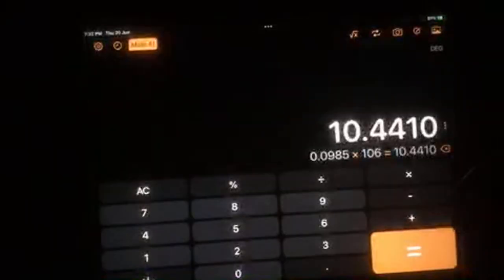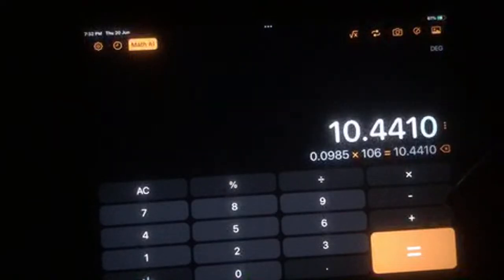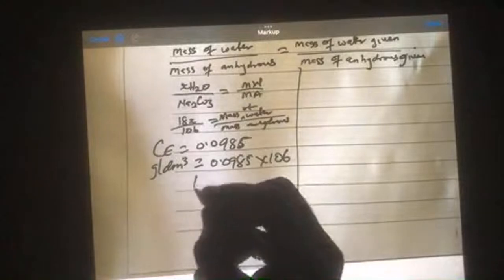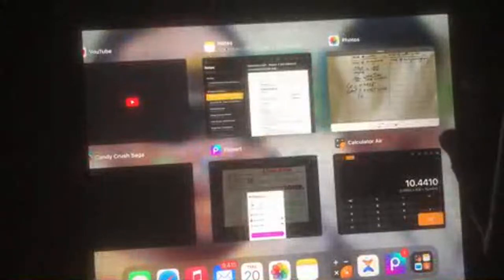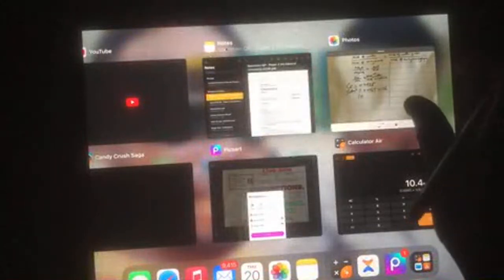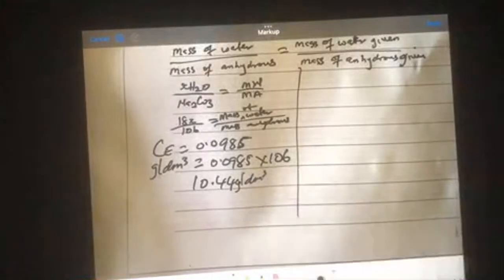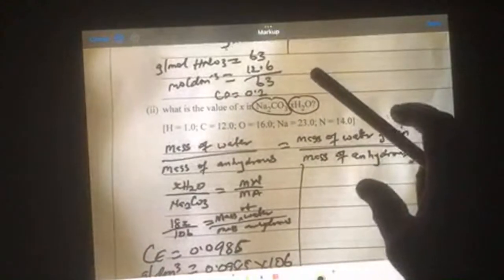But here it's giving us 10.448. We now go back, this is 0.0985 times the molar mass. Let me check again. 10.44 gram per dm cube, of course. Then this is the mass of the anhydrous. Actually, that's the mass that is actually reacting, provided our calculations are not faulty.